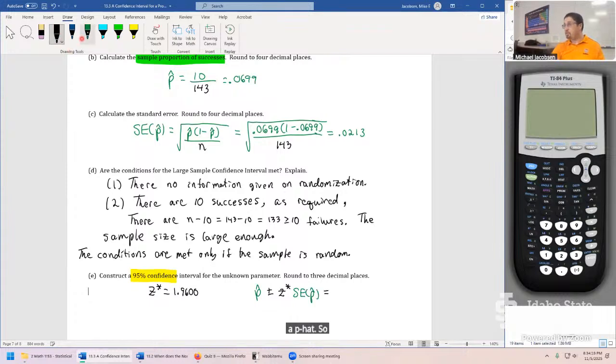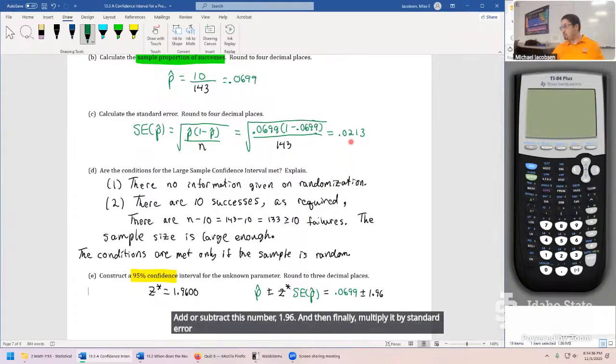So this turns into, first drop in p hat, 0.0699. Add or subtract this number, 1.96. And then finally multiply it by the standard error, this last substitution, 0.0213.